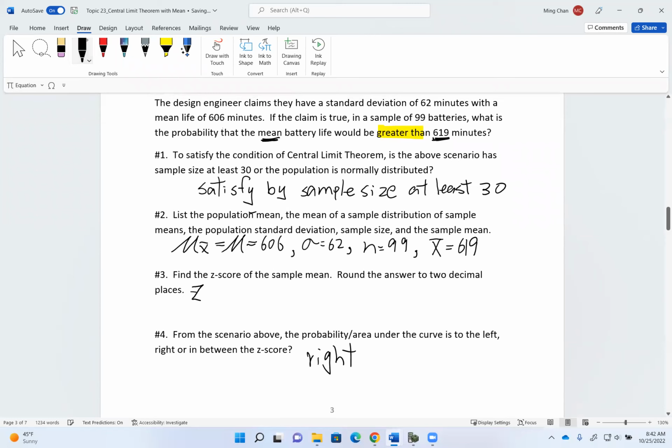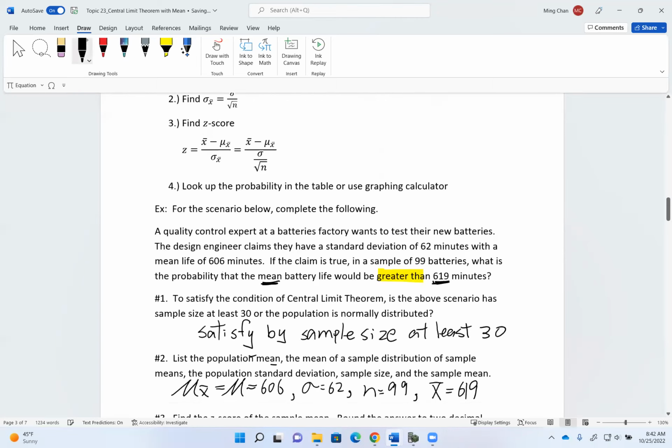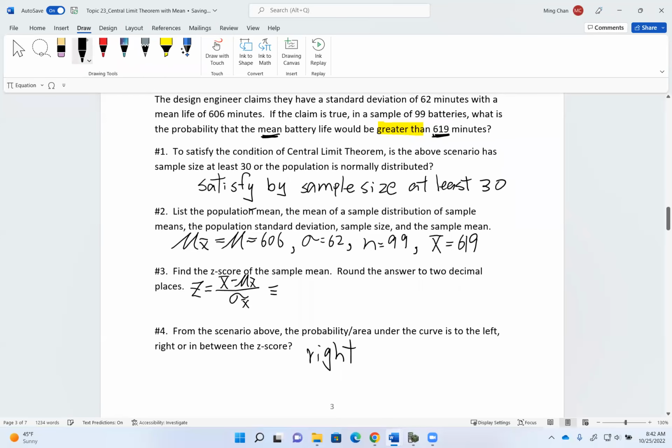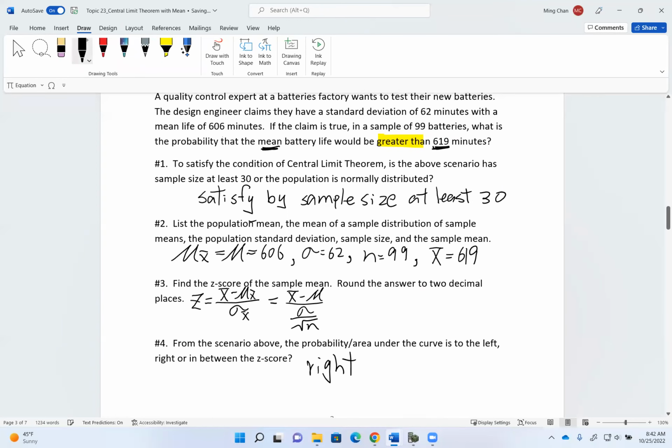According to the formula, z equals x bar minus the mu of x bar divided by the standard deviation of x bar, which is the sample mean minus the true mean divided by sigma over square root of n. So sample mean 619 minus 606 divided by 62 over square root of 99.